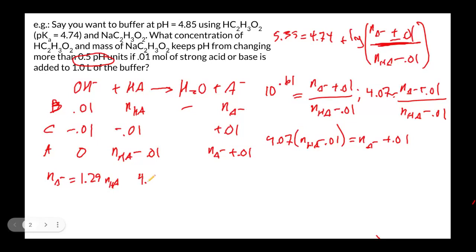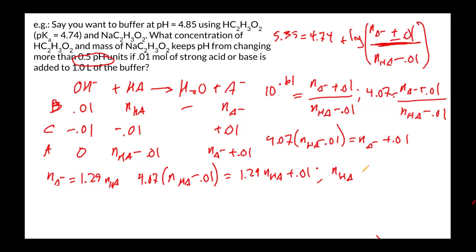So that means 4.07 times the number of moles of acid minus 0.01 equals 1.29 times the number of moles of acid plus 0.01.